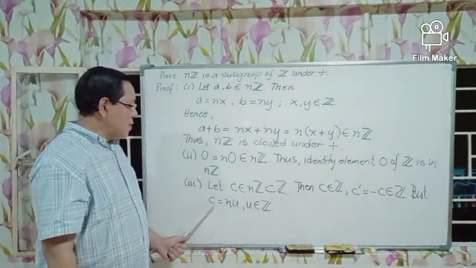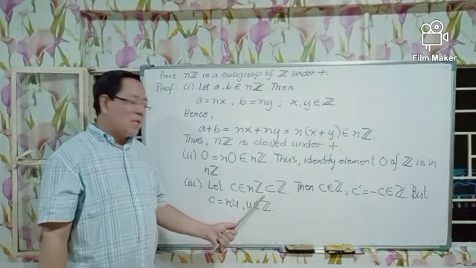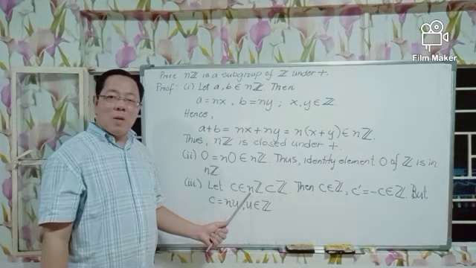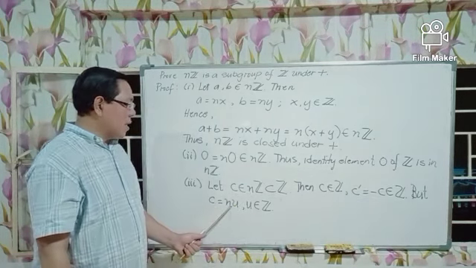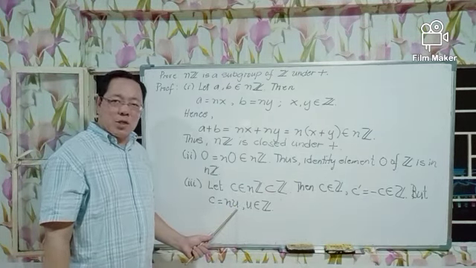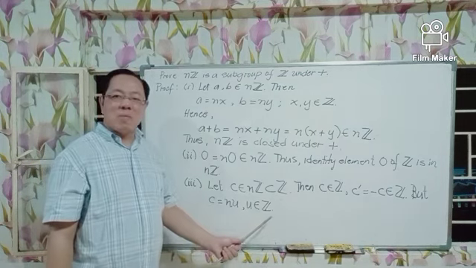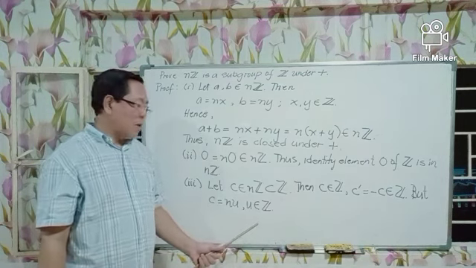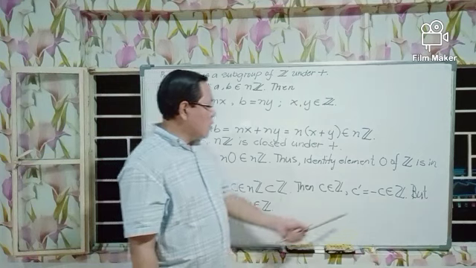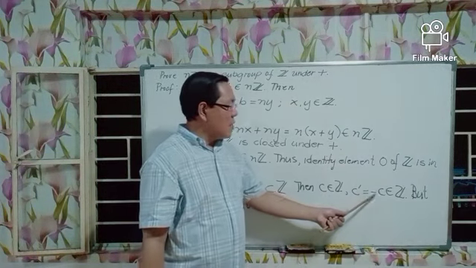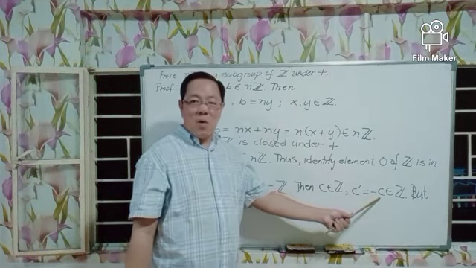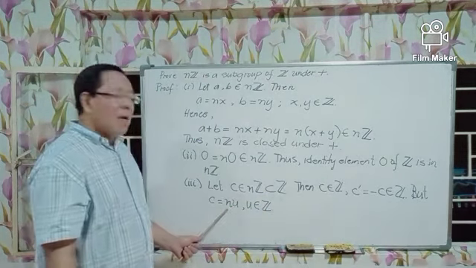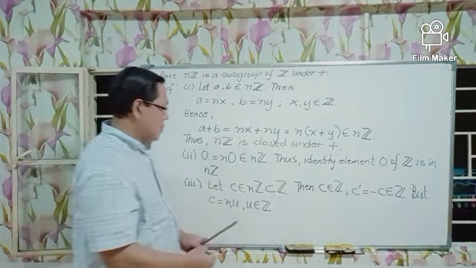That is, because c is an element of NZ, c is exactly divisible by n. If you divide c by n, the result is an integer u, an element of Z, with remainder 0. And so this c prime equals minus c. c now can be replaced with nu.